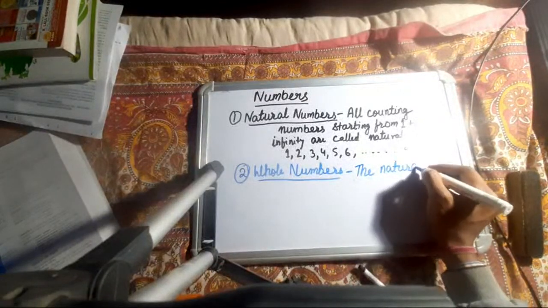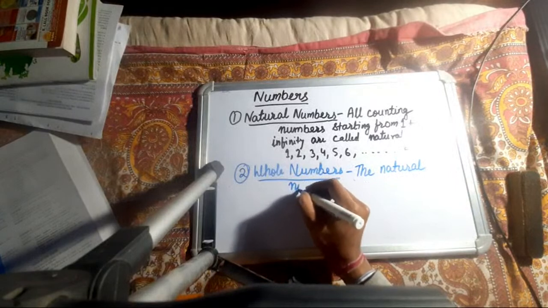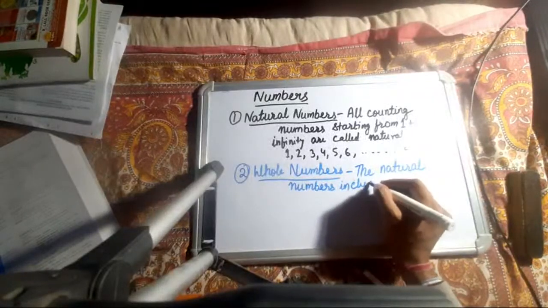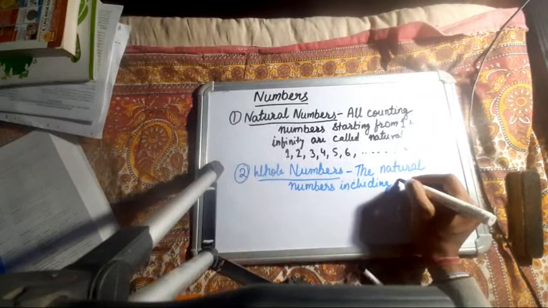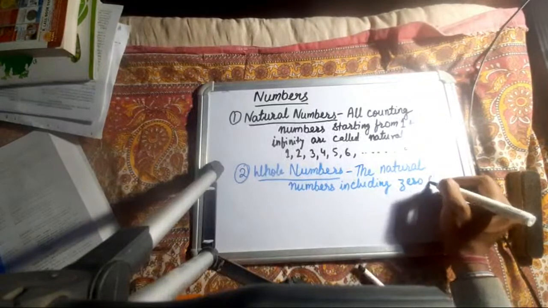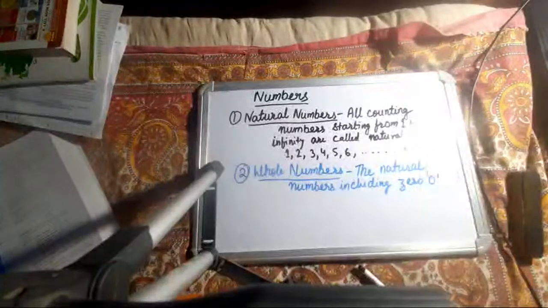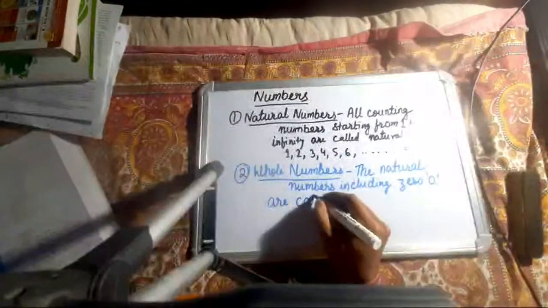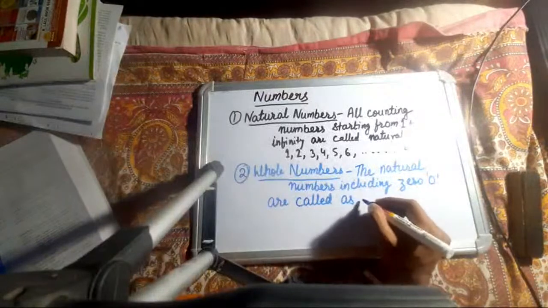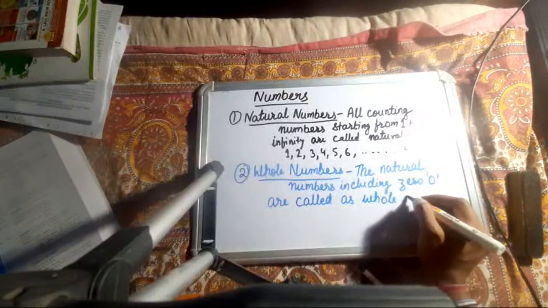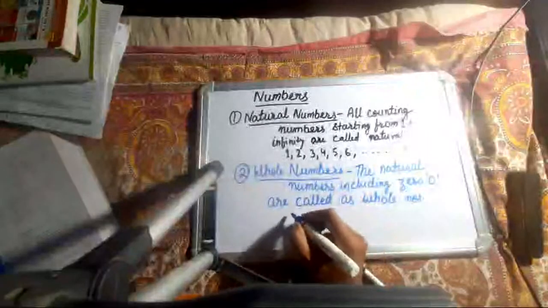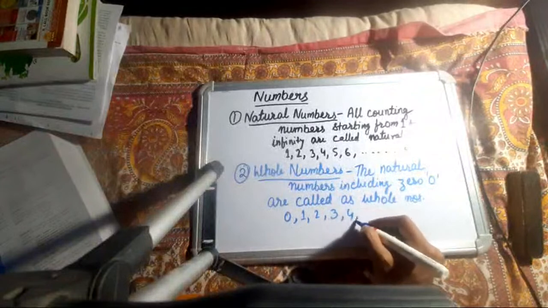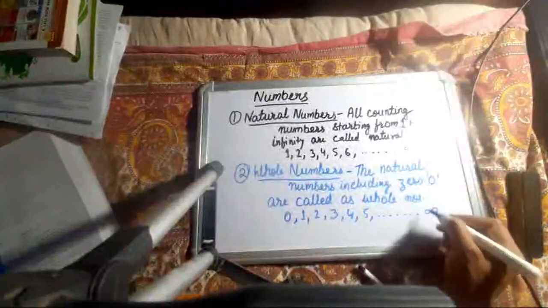The natural numbers including 0 are called whole numbers, like 0, 1, 2, 3, 4, 5, it will also go up to infinity.